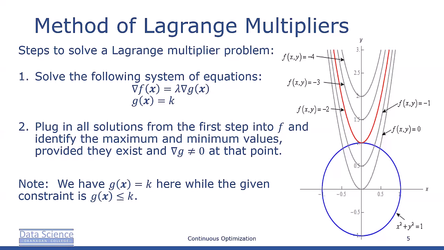Then the derivative of f with respect to x2 equals lambda times the derivative of g with respect to x2. And then the derivative of f with respect to x3 equals lambda times the derivative of g with respect to x3. And that g of x is equal to k. So with three variables, we're actually going to have four equations and four unknowns: x1, x2, x3, and lambda.